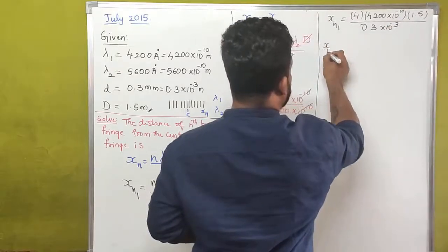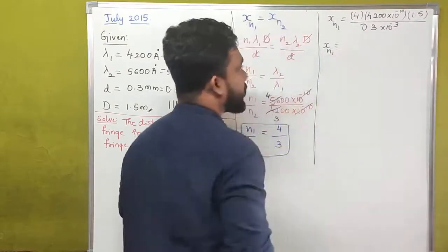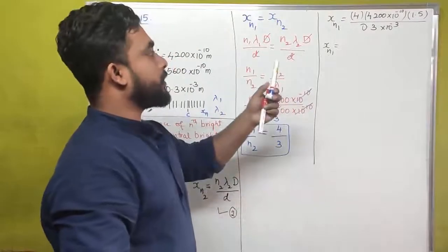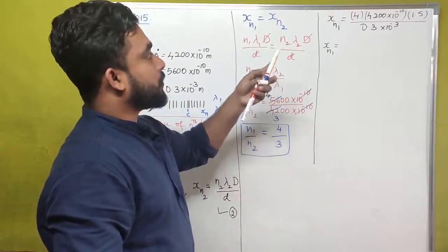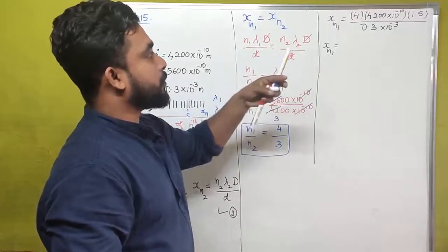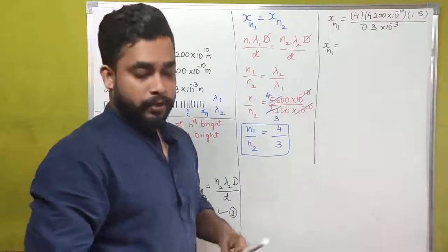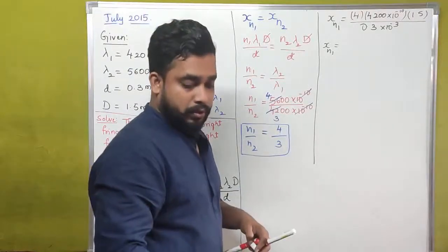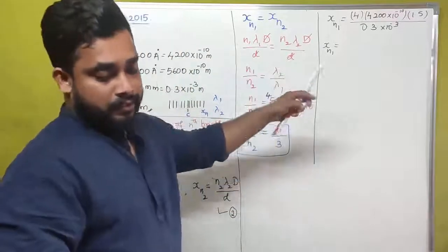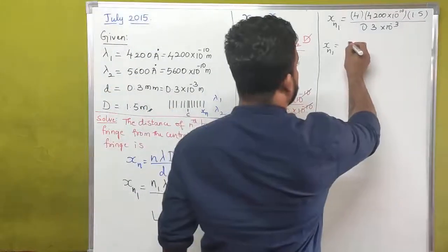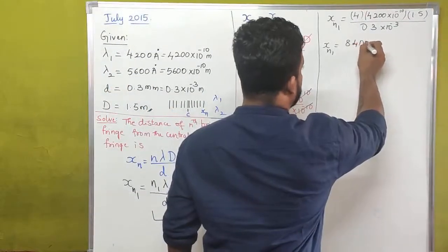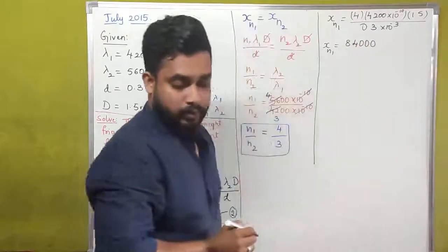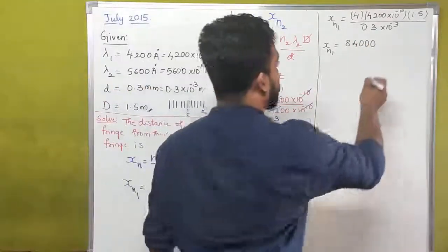If we calculate all these things, what will we get? 1.5 into 4 is equal to 6. We get 84,000 into 10 to the power of minus 7 meter.